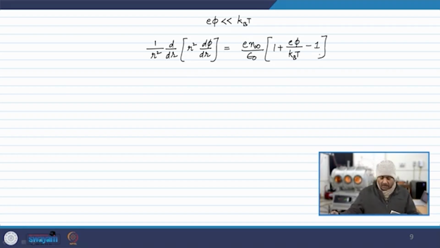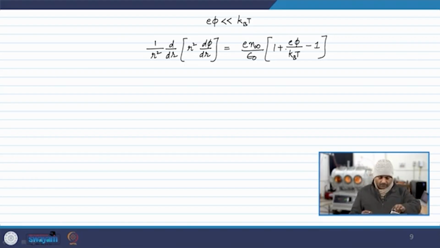I have written the exponential as 1 plus x, because x squared and the higher terms become very small, as the numerator is very small in comparison to the denominator. This term will also be very small, but we cannot just write it as 1, because we need to have the variation. The exponential is representing something, so maybe the smallest variation that it represents, we have to account for it.